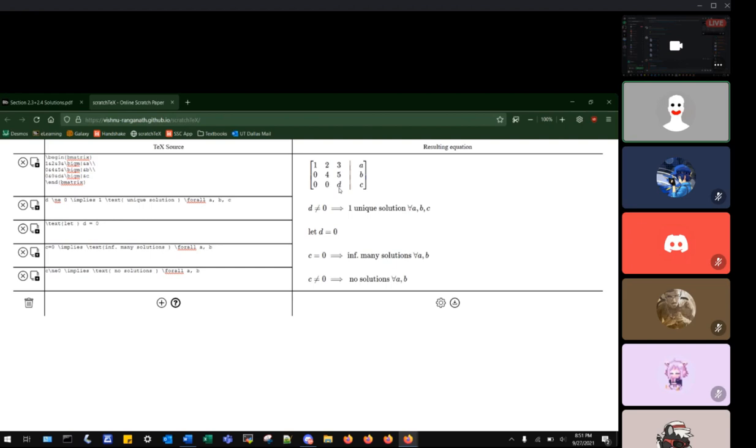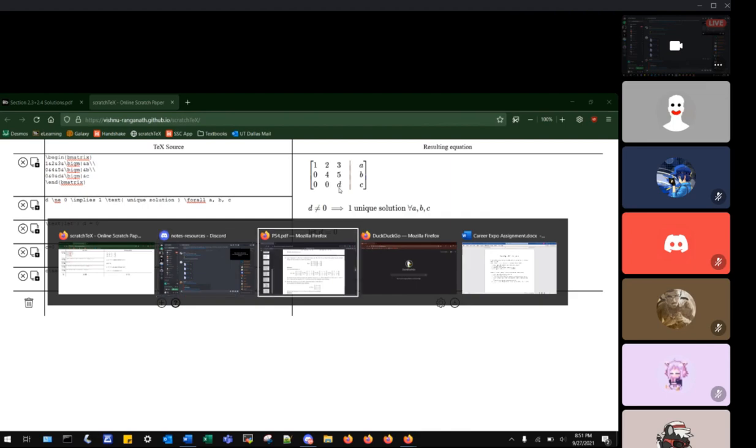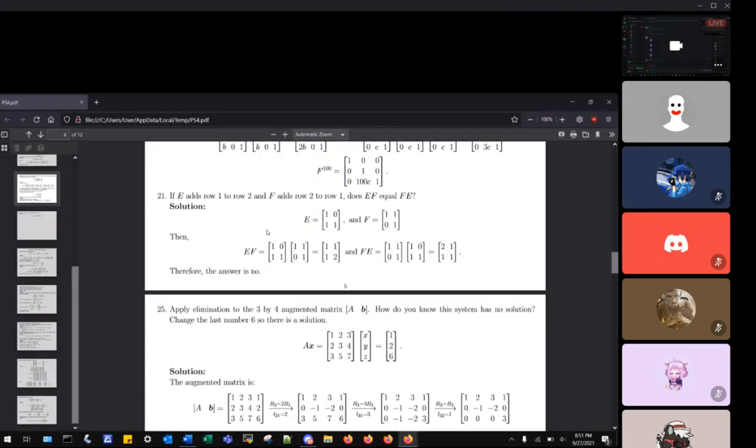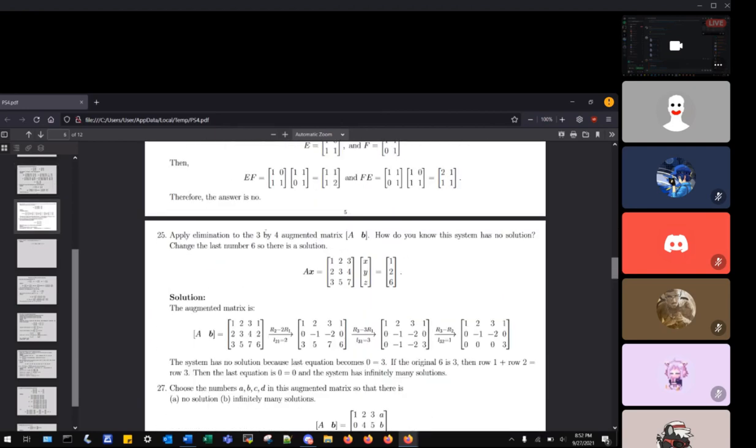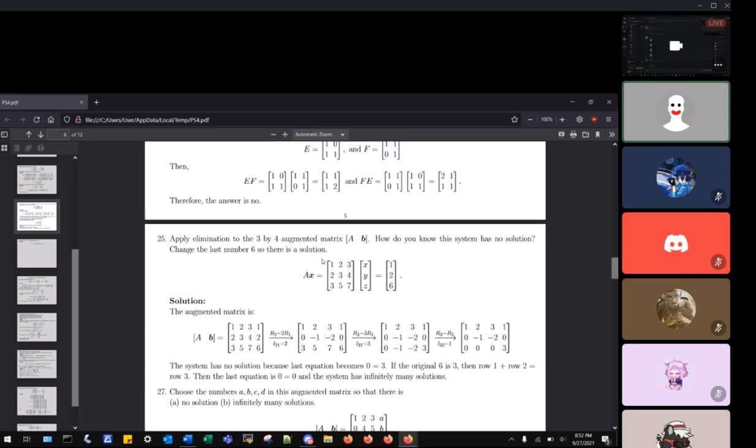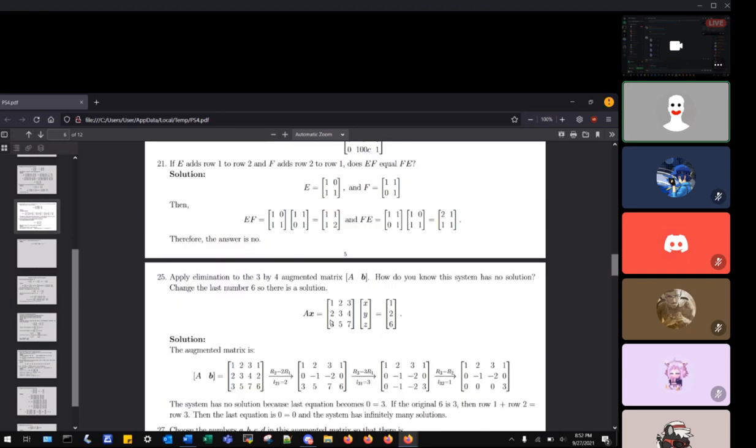Should we do 25? I feel like that's probably going to be on the exam as well. I'm guessing, without looking at the answer, that the answer to this problem is you're going to have to eliminate rows 2 and 3.